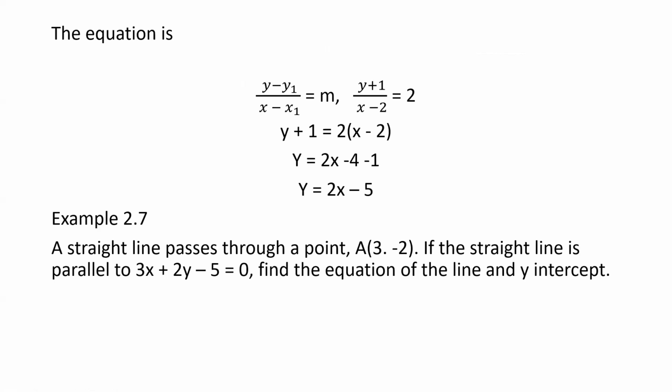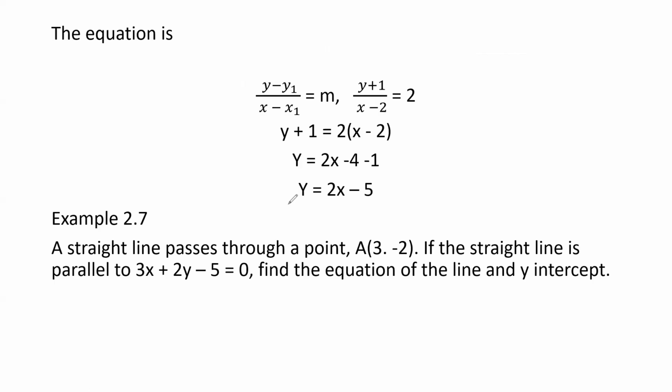Yes, let me look at this one. A straight line passes through a point A, (1, 2). If the line is parallel to the line 3x plus 2y minus 5 equals 0, find the equation of the line and the y-intercept. So what should you do here?